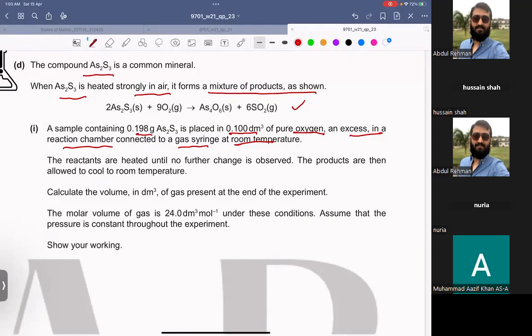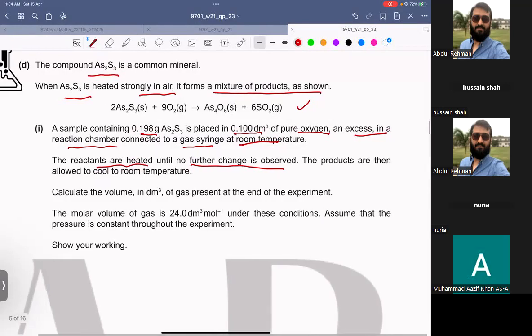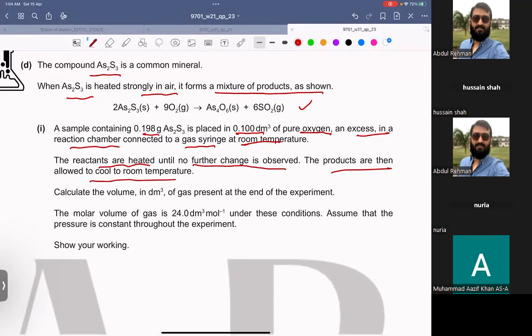The reactants are heated until no further change is observed. The products are then allowed to cool to room temperature. Calculate the volume in dm cube of the gas present at the end of the experiment.